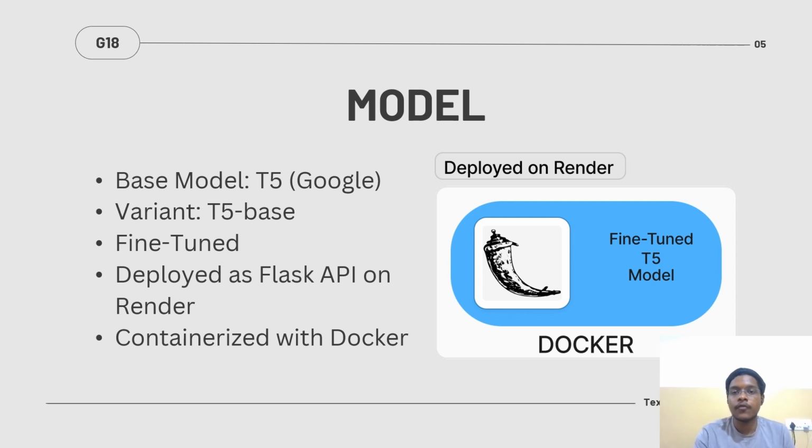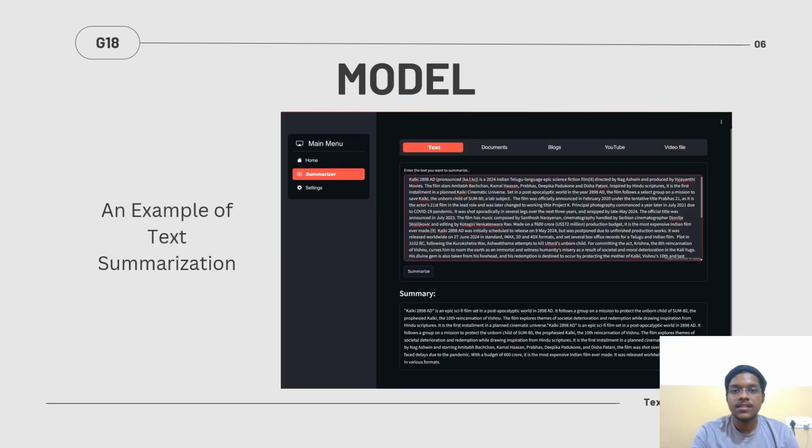Now, the Render platform will give us a URL which can be requested by the application to get the summary. So let's look at an example of the summary. This is an example of text summarization. The user provided information about the latest film and it gives the summary in a short format.